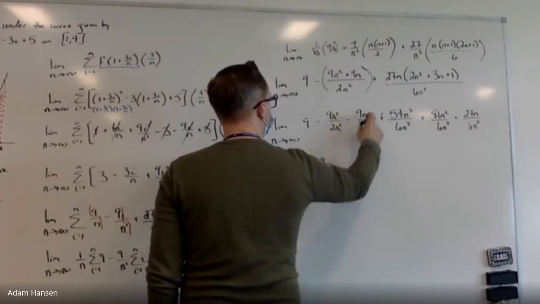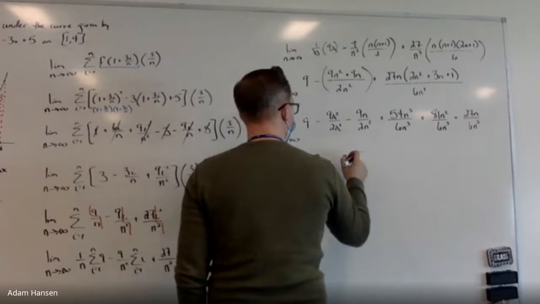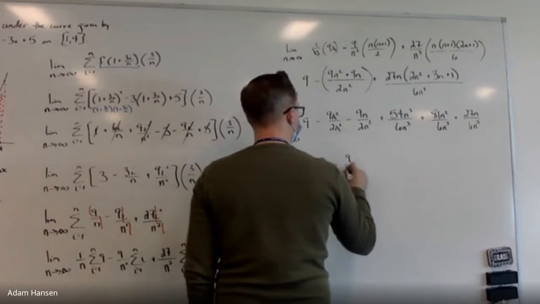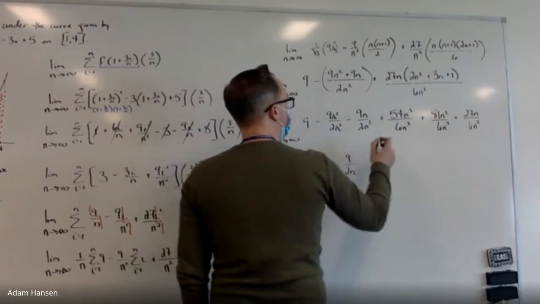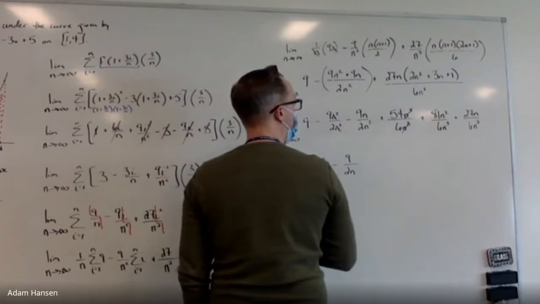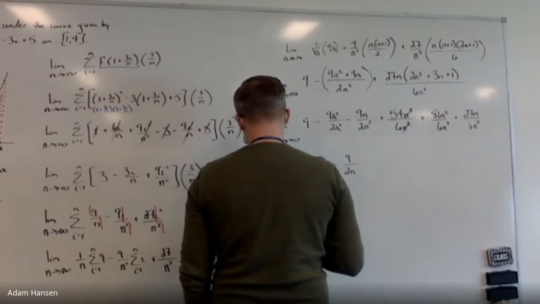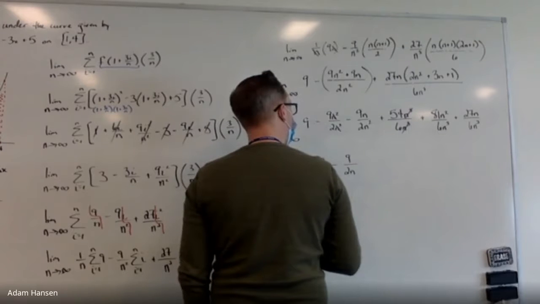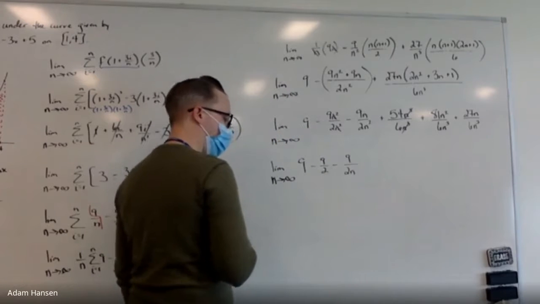The next term, I have 9n over 2n squared, so one of the n's will cancel out, leaving 2n on bottom. The next term, 54/6. That's all that's left. I can divide both of those by 3.